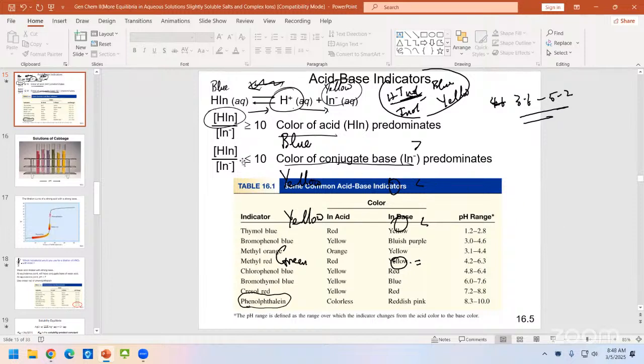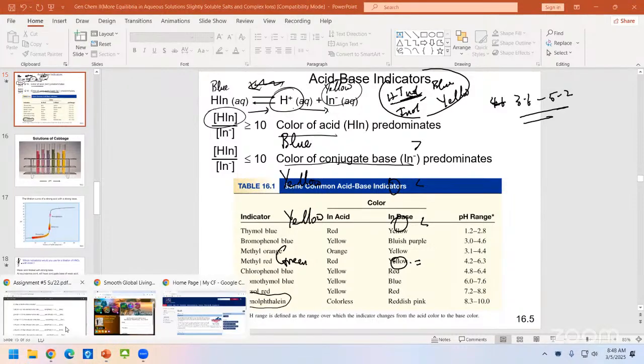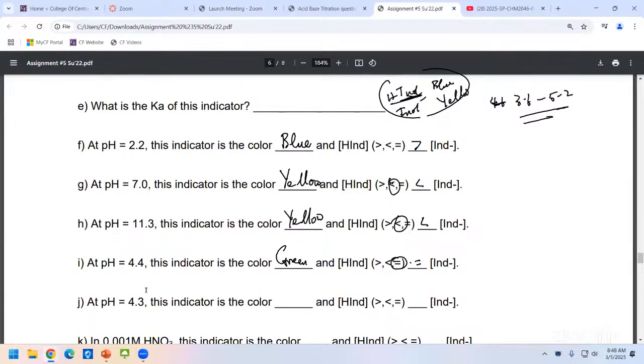If the ratio is less than or equal to 10, then the color of the base will predominate. So in the case of this one right here, the difference would indicate that the ratio is still close in terms of the concentration of the HIND to the IND minus. So I would still say that the color here would be green, because you don't have an overwhelming predominance of one over the other. So this would be green.